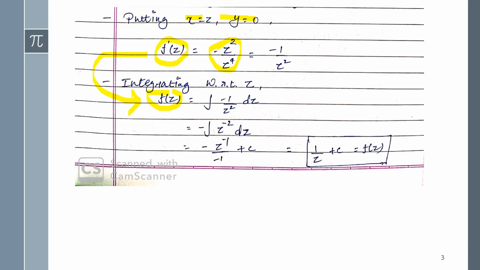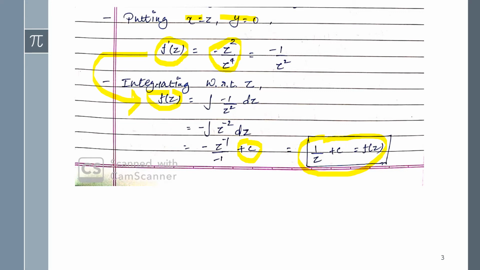Integrating 1 upon z square, I put z square into the numerator, so it will be z raised to minus 2, then plus 1, that is minus 2 plus 1, and as a constant you add c. So at the last you will get the answer minus 1 upon z plus c. I hope you are all getting it.